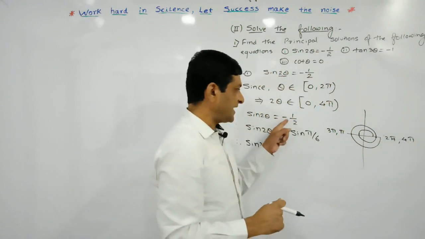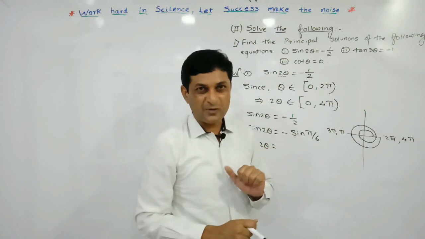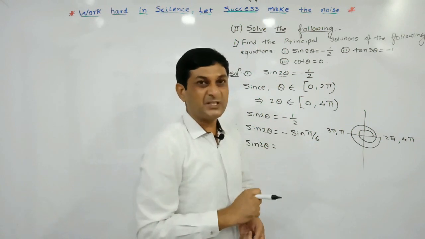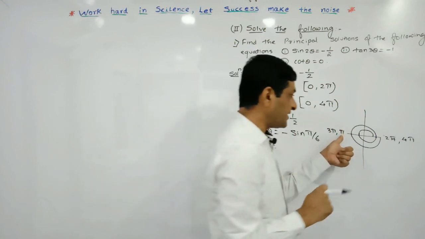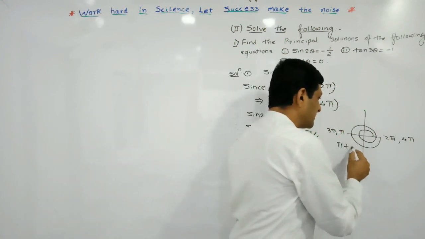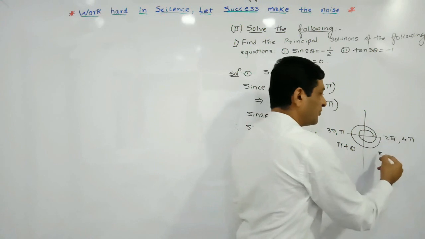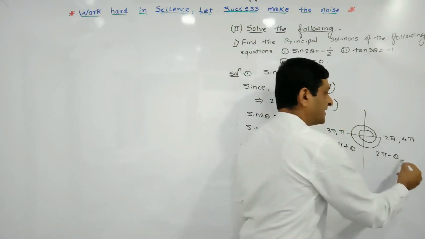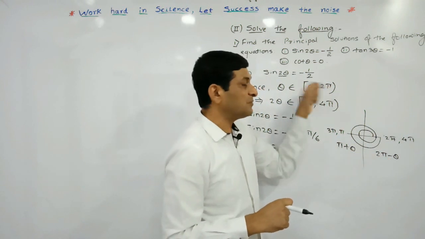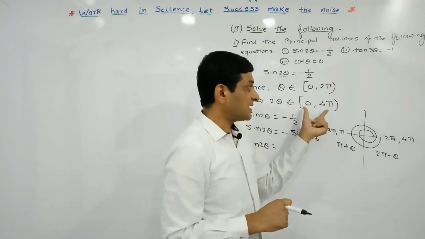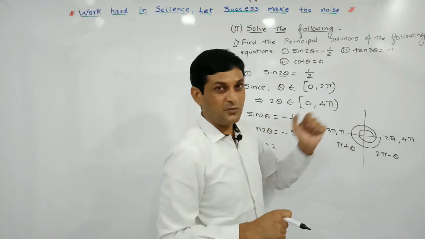Now the value of sin is negative, and we know that if sin is negative, it lies in either the third or the fourth quadrant. The third quadrant means pi plus theta, that is 180 plus theta, and the fourth quadrant means 2 pi minus theta. But these two values lie between 0 and 2 pi, and our interval is from 0 to 4 pi.